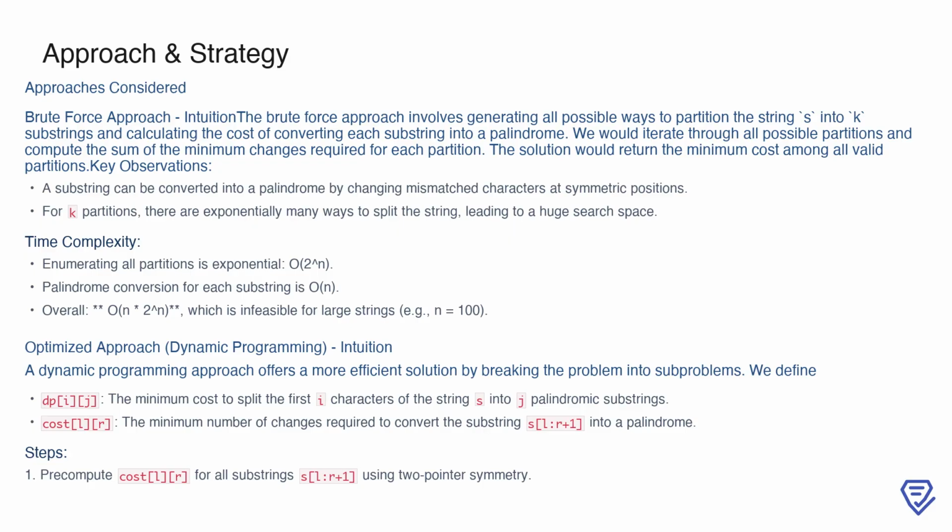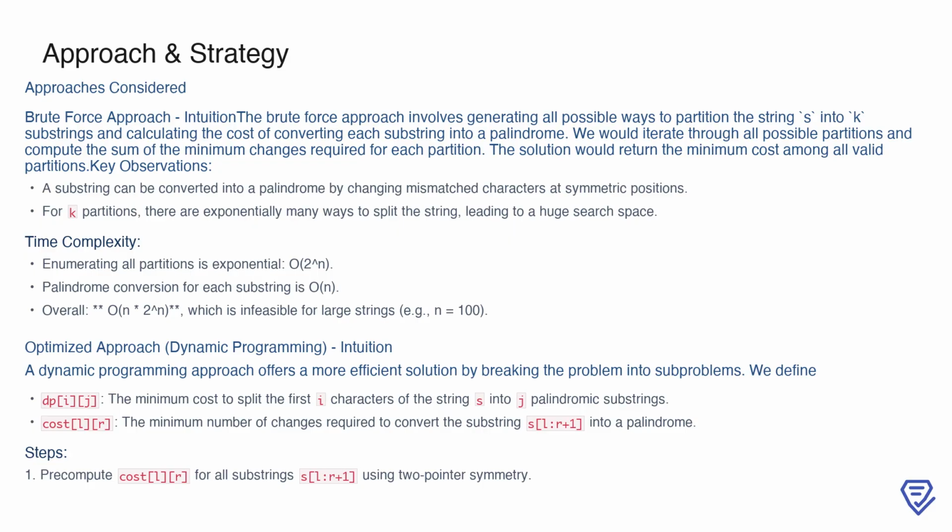Specifically, enumerating all partitions leads to an exponential search space, with a time complexity of O(2^n). For each partition, the cost of making substrings palindromic adds an additional O(n) complexity, giving an overall time complexity of O(n * 2^n). This becomes infeasible for larger strings, such as when n is 100.